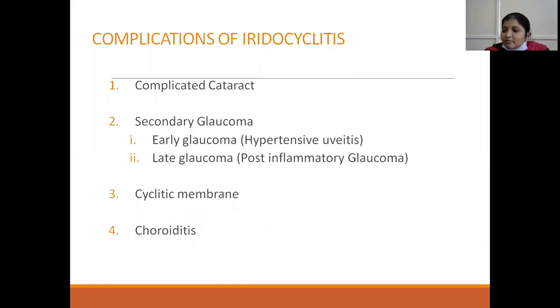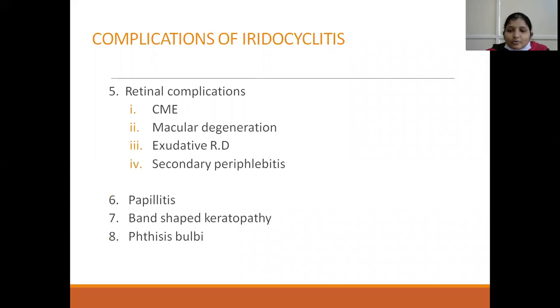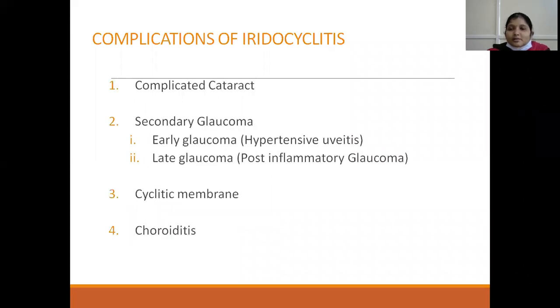That is, all these inflammatory cells get clogged in the trabecular meshwork and drainage of the aqueous humor is hampered. So this can lead to a raise in the IOP. And in the late stages, we can see glaucoma, that is called post-inflammatory glaucoma. I'll discuss post-inflammatory glaucoma in the subsequent slide.